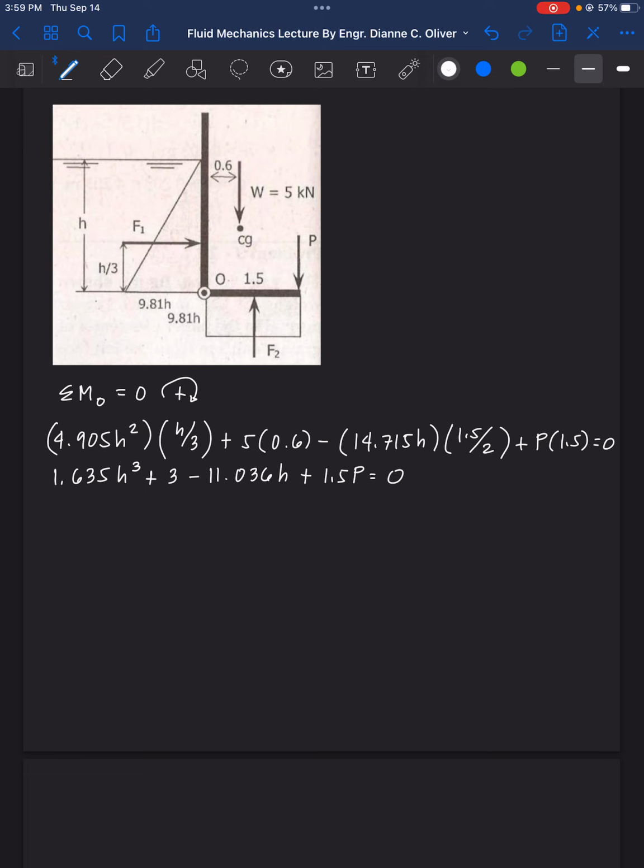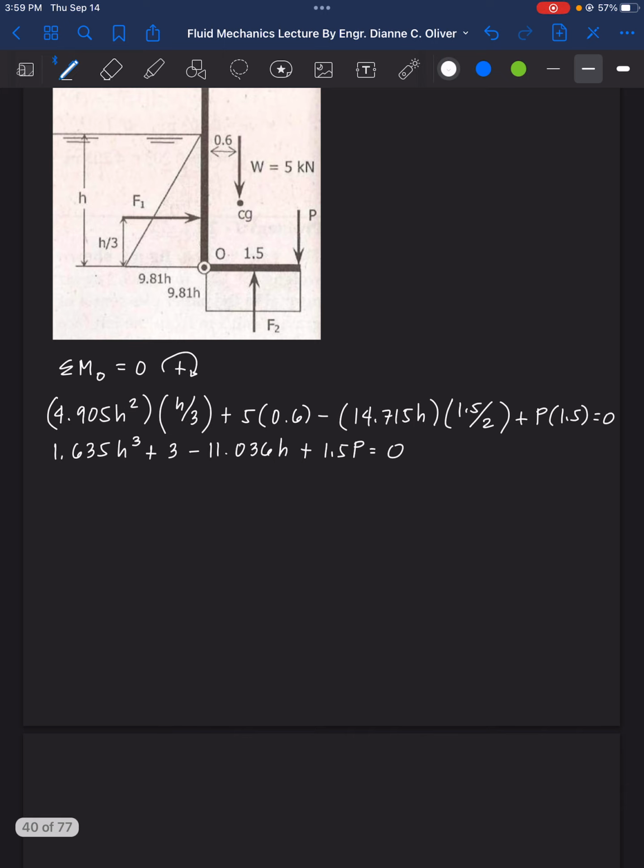Okay, so let's move this P and arrange it. Let's put 1.5 P here on the left. This is equal to 11.036 h minus 1.635 h cubed minus 3.